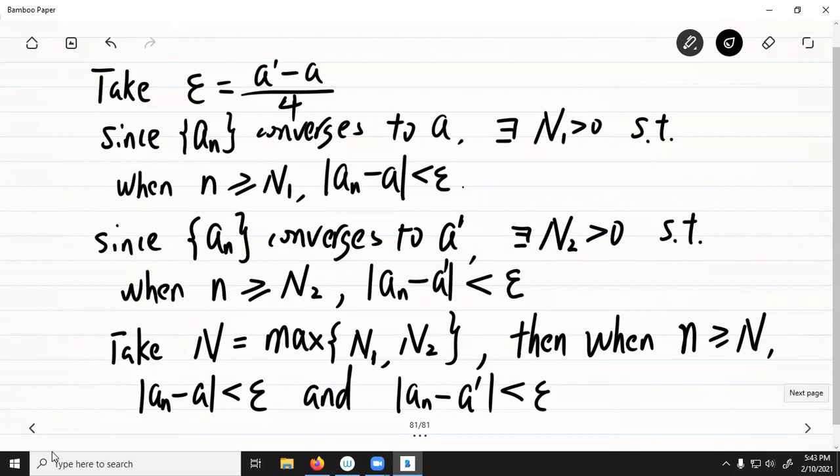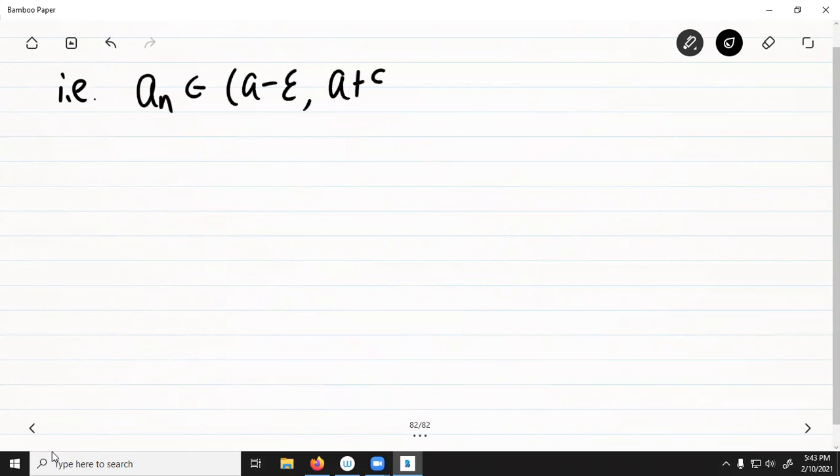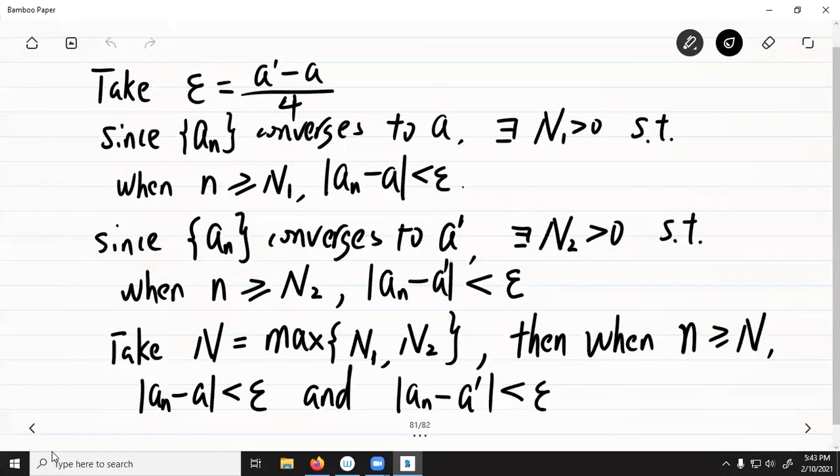So in other words, i.e., a_n should be between a minus epsilon and a plus epsilon, right? This inequality tells you the center is a, the radius is epsilon.